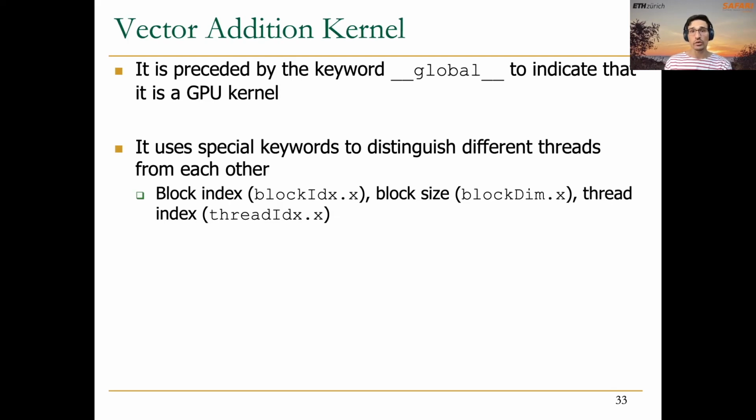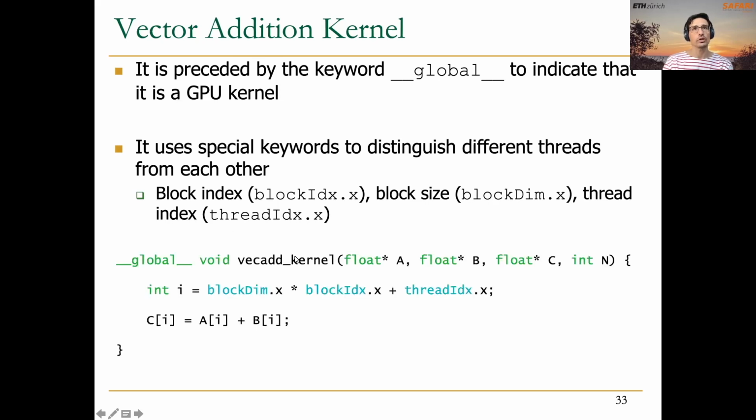Inside the GPU kernel, we need to use some indices to identify which thread block and which thread inside the thread block we are in. It's also important to know the block size. So we have special built-in variables to identify the block index, the block size, and the thread index inside the thread block.